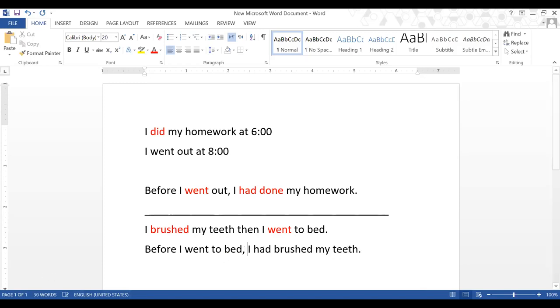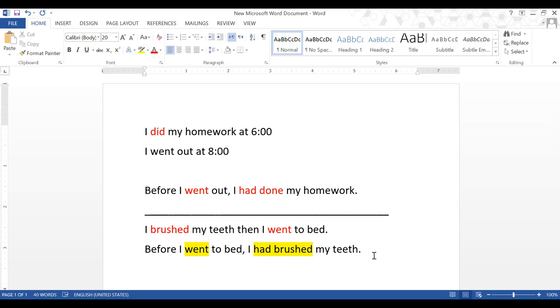So why did we write the sentence like this? We have again two verbs, went and had brushed. Okay, let's imagine this. I did two things. Brushing my teeth and going to bed. Which one is earlier? Which one is before the other? Logically speaking, brushing your teeth before going to bed, right?